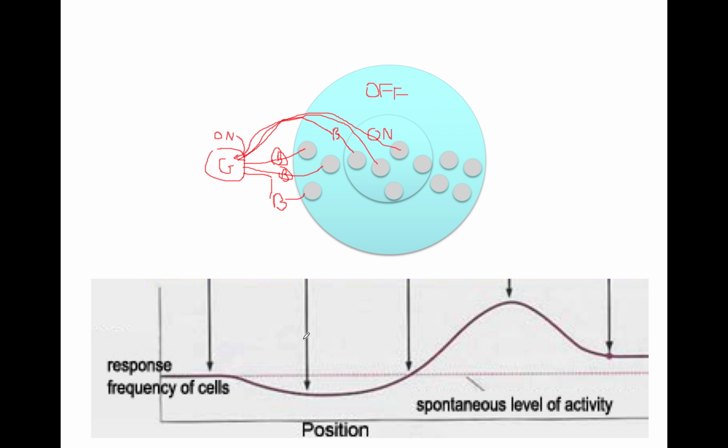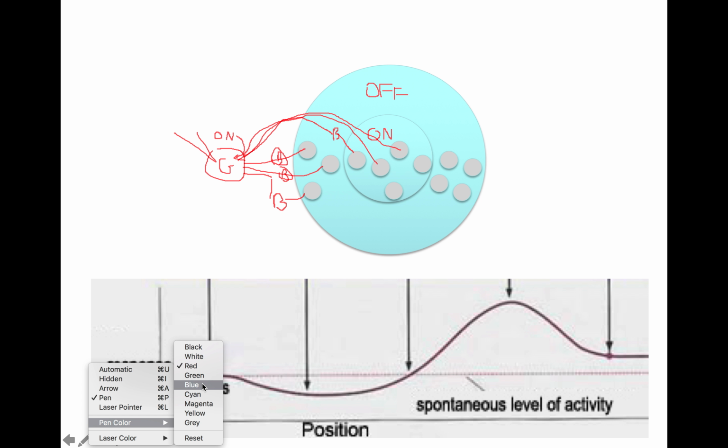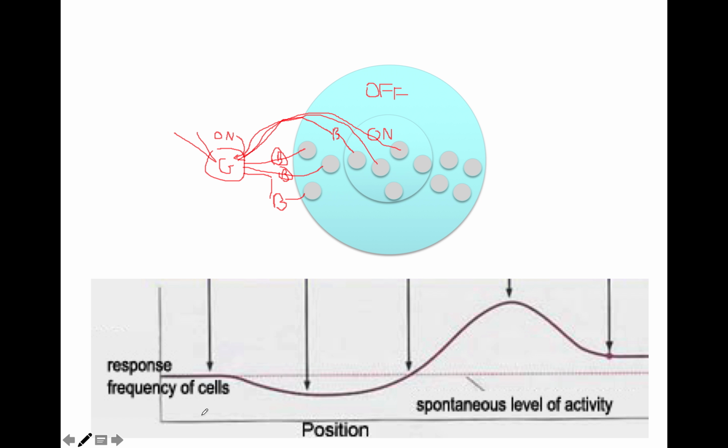So what we're looking at then is that we're asking, if we put a microelectrode here, how does this ganglion cell respond to a light stimulus that's being presented and shown across here? What is it that's going to happen to the firing of the ganglion cell? And so if we do that then, let's go ahead and change the color here to yellow.